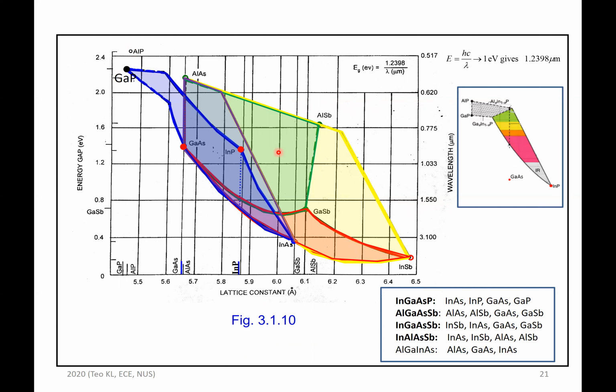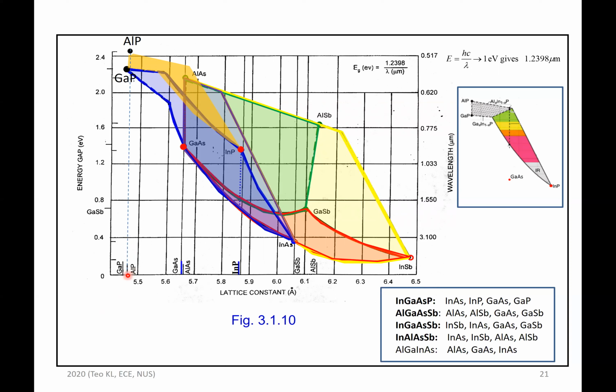So if you take this shape and superimpose it onto here, you expect aluminum phosphide, gallium phosphide, and indium phosphide to form the quaternary alloy semiconductors. So the aluminum phosphide lattice constant is somewhere around here.